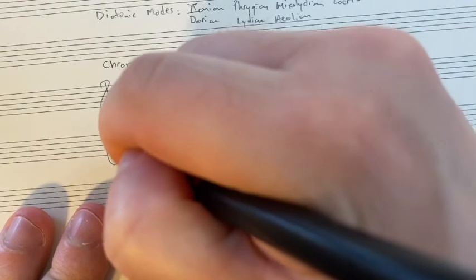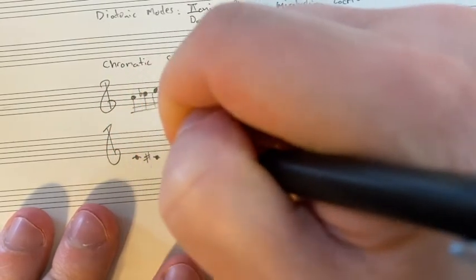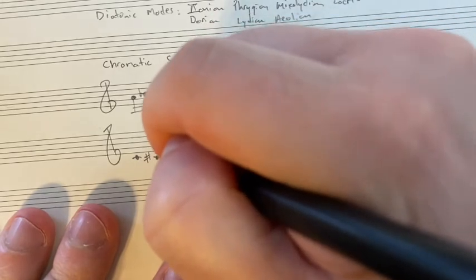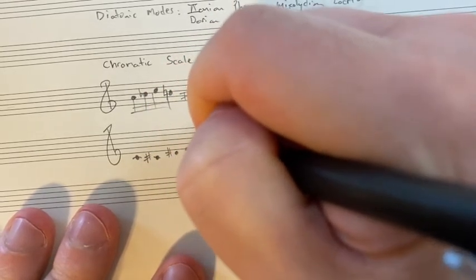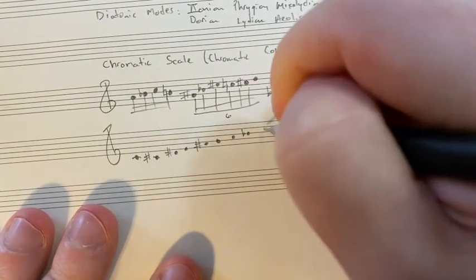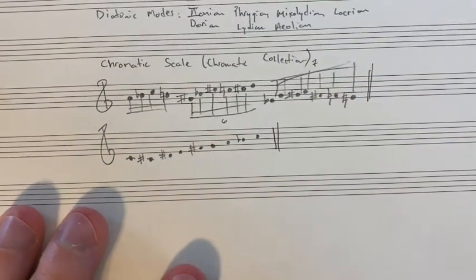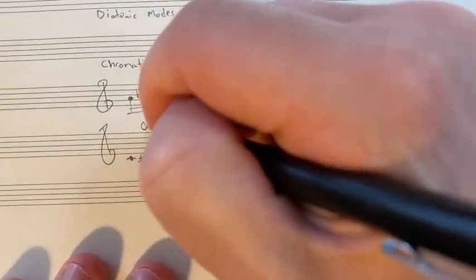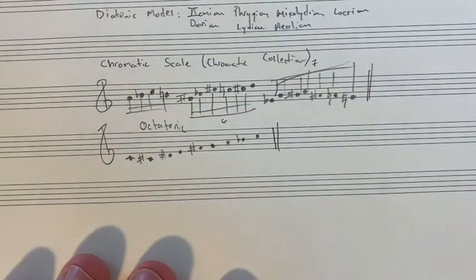Another scale Bartók likes is this one. I'm going to try to write it correctly. This is the octatonic scale.